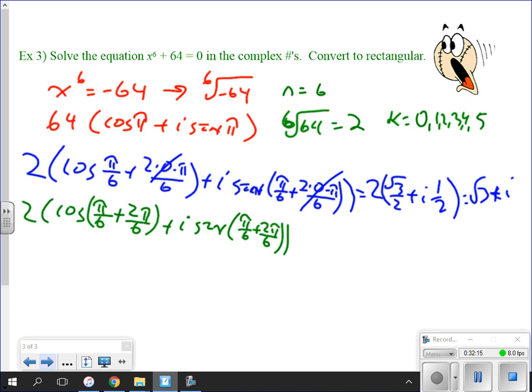Pi over 6 plus 2 pi over 6 is 3 pi over 6, right? Which is pi over 2. So this becomes pi over 2, which is really nice. What is the cosine of pi over 2? 0. What is the sine of pi over 2? 1. So I have 2 times i, so my next root is 2i.